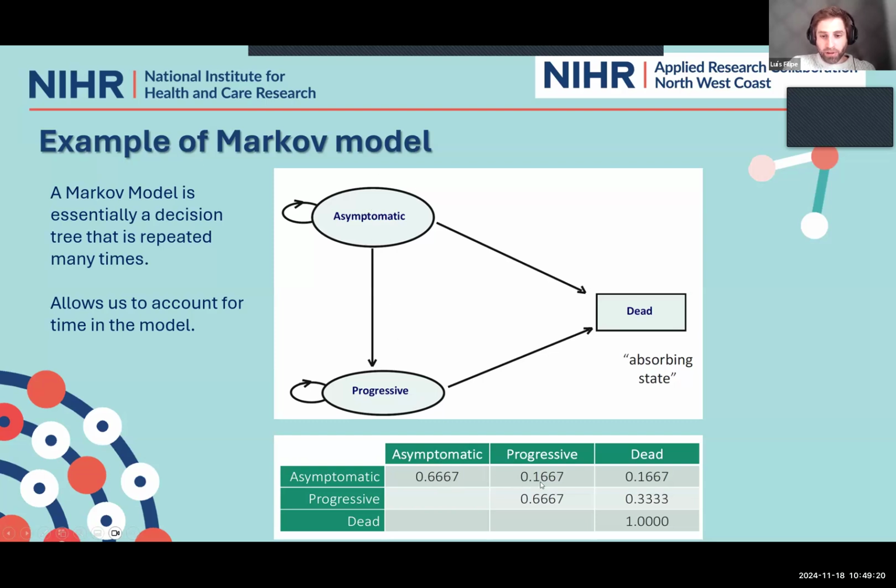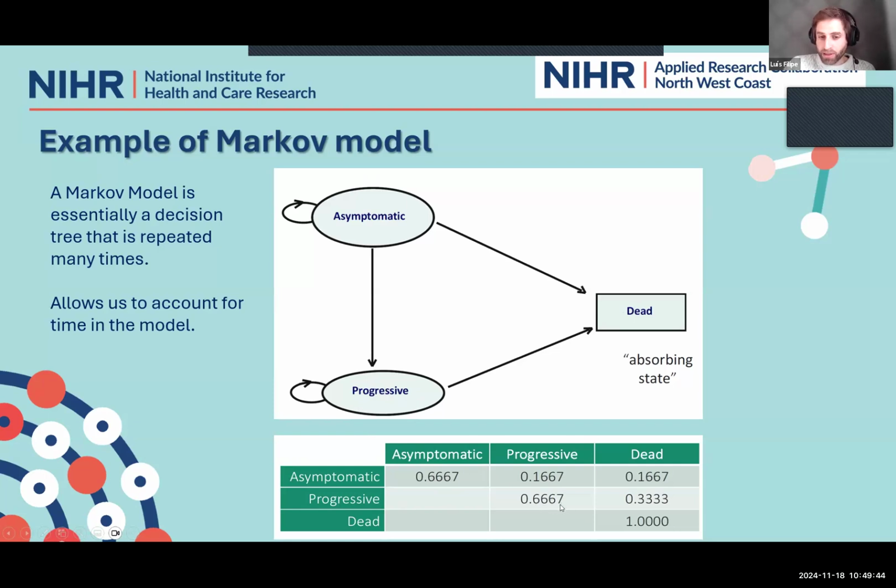And you have a probability of 16.67% of going to progressive. And you have a possibility again of 16.67% of dying.